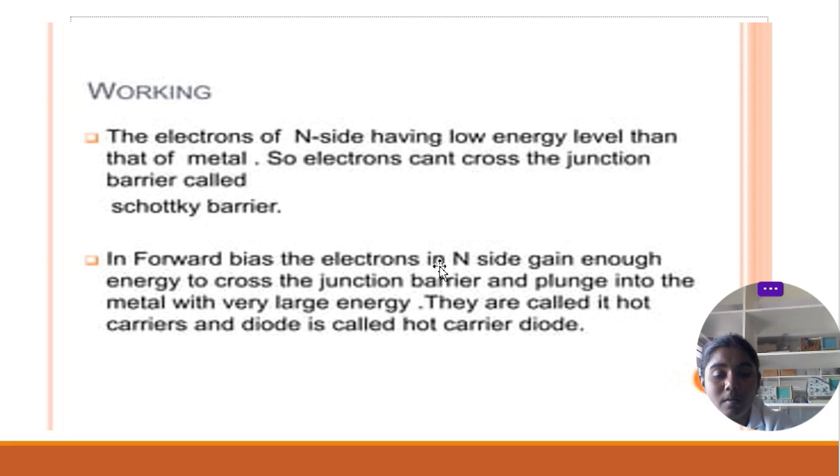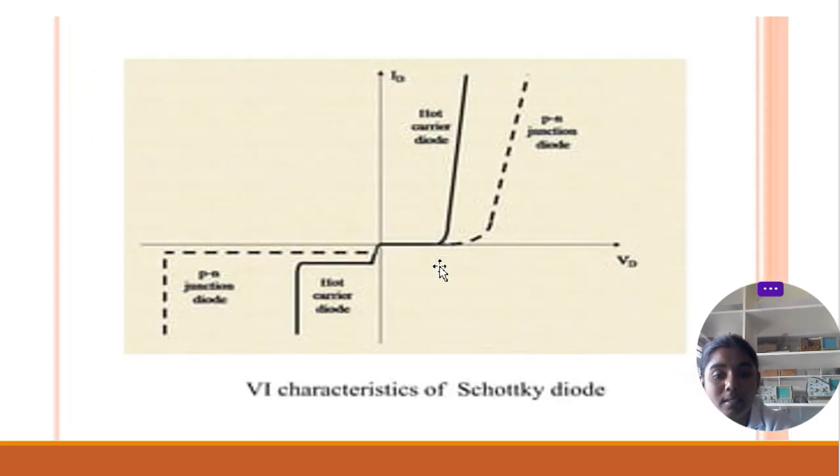Under forward bias, the electrons on the N side gain enough energy to cross the junction, giving the ability to transfer from one side to the other. If the electrons cannot cross, that is the Schottky barrier. If they are allowed to cross the barrier, that is known as a hot carrier diode.